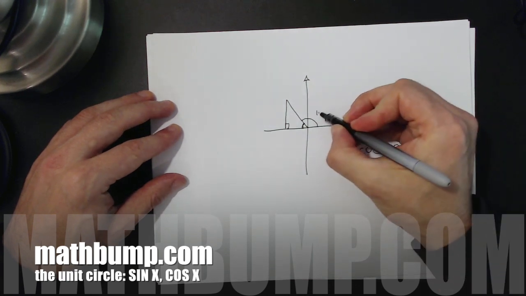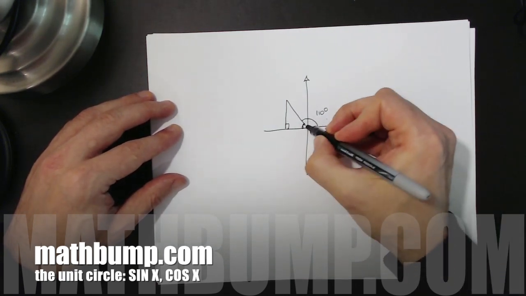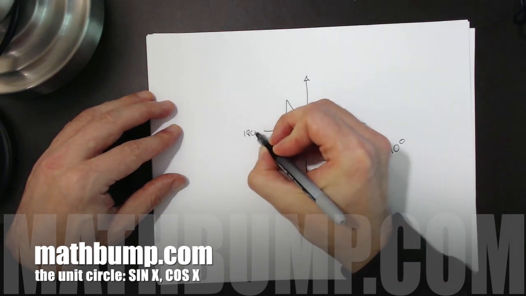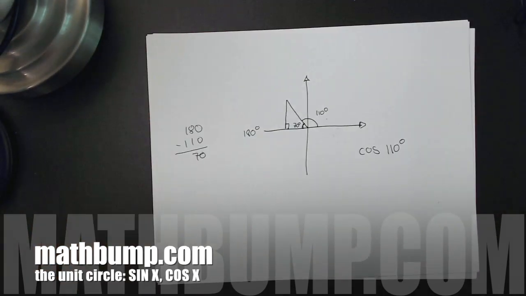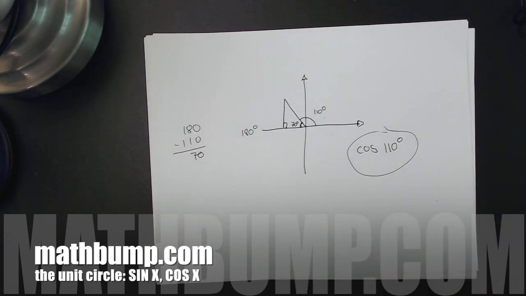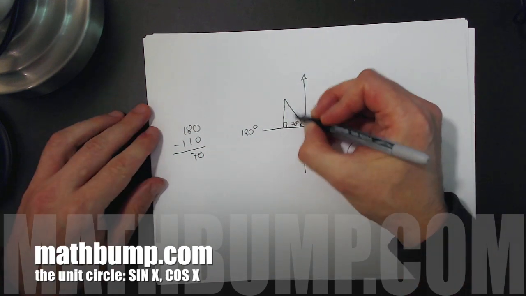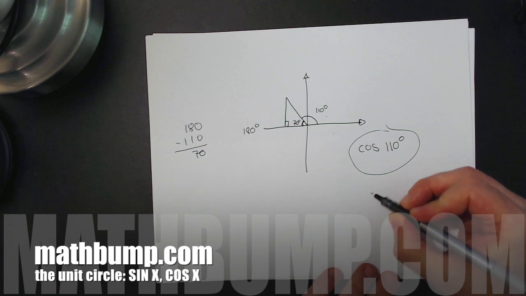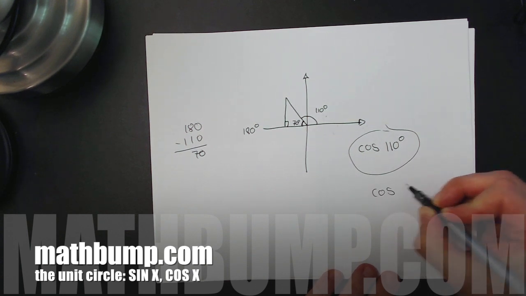So if this is 110, then that angle is going to be 70 because those two things add up to 180, right? Now, what is it that we mean when we say cosine of that angle? Well, all we mean is cosine of this triangle, right? So really what we mean is cosine of 70.